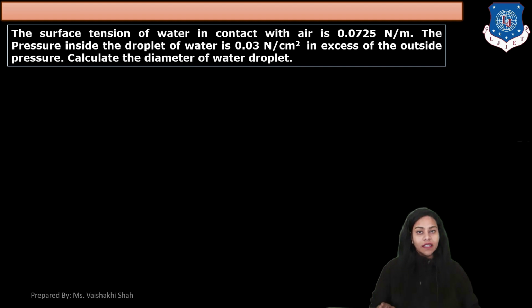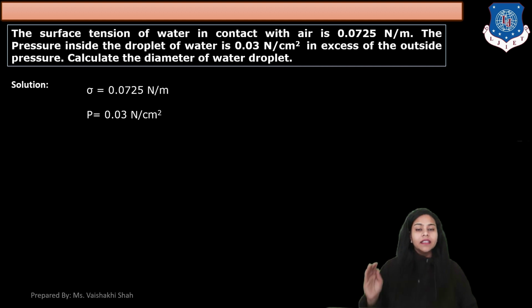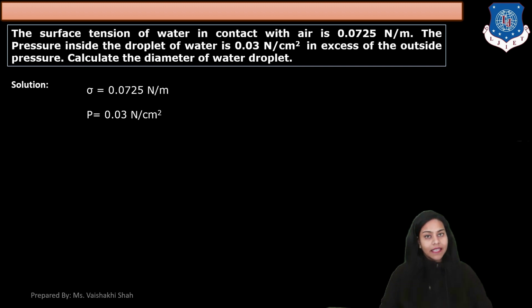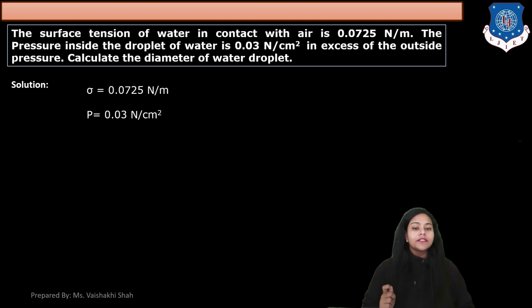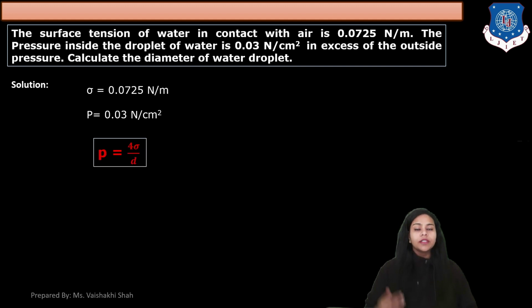Here a liquid droplet is given, and the surface tension sigma is 0.0725 Newton per meter, and the pressure P equals 0.03 Newton per centimeter square. Here we have to find the diameter of the liquid droplet.